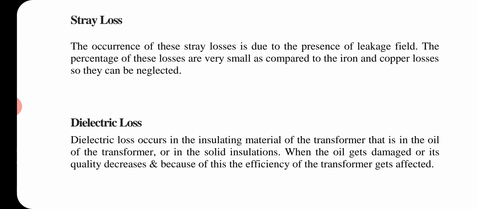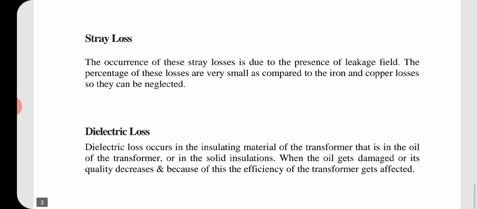Now coming to the dielectric losses. Dielectric loss occurs in the insulating material of the transformer, that is in the oil of the transformer or in the solid insulations. When the oil gets damaged or its quality decreases, the efficiency of the transformer gets affected. A transformer can be a three-phase transformer or a single-phase transformer, so we have to match its insulation requirements.